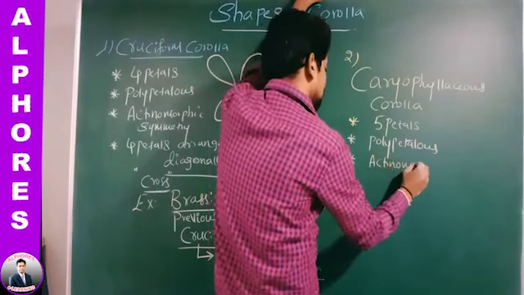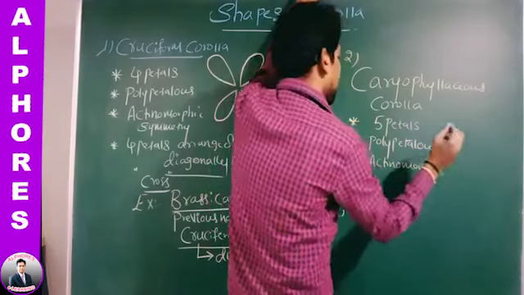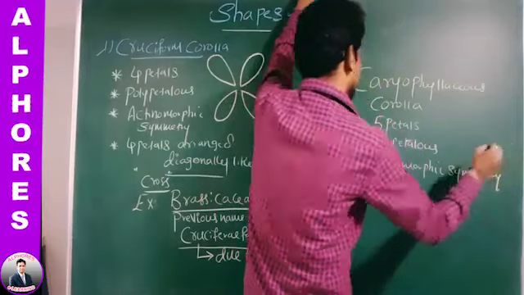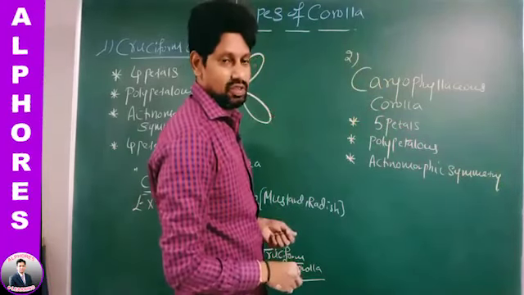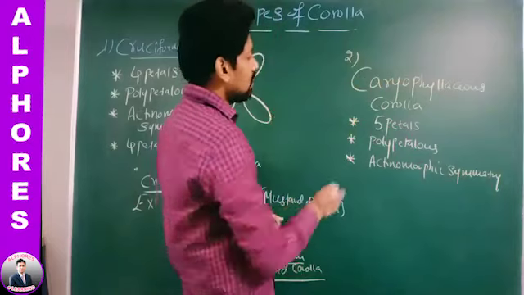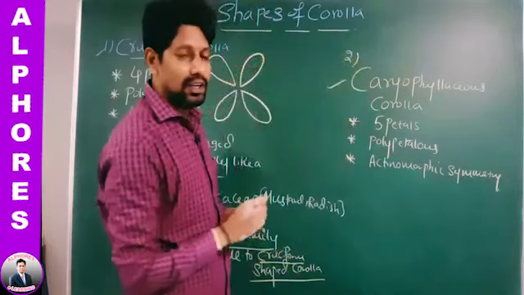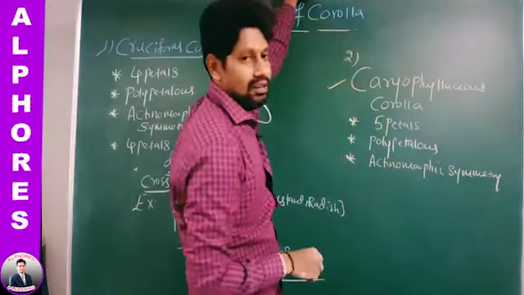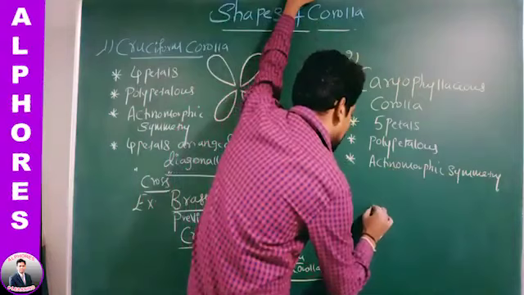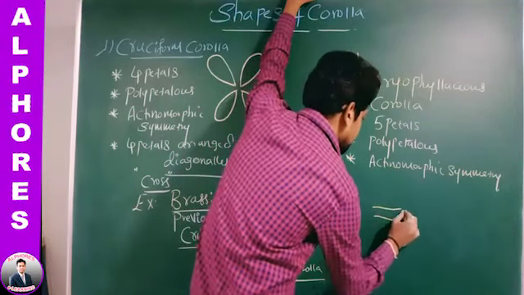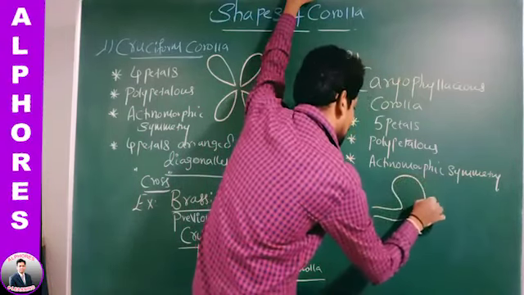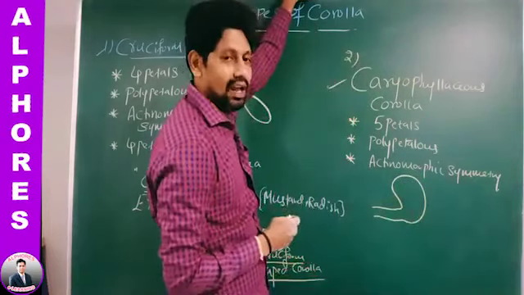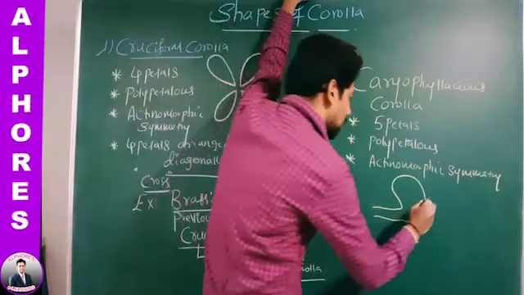Present in a flower which shows which symmetry? Actinomorphic symmetry. What is the speciality of this caryophyllaceous corolla? In the case of caryophyllaceous corolla, if you see each petal, what is this one?